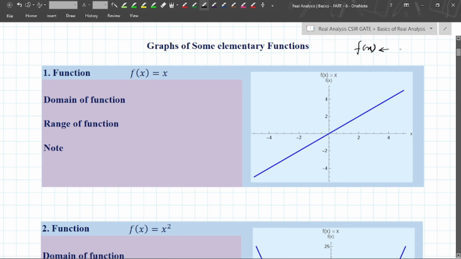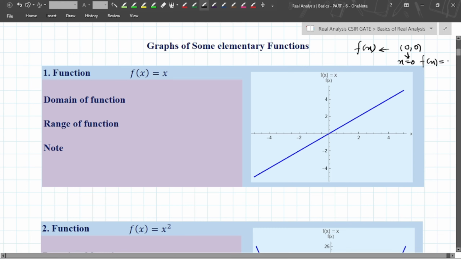It should satisfy (0, 0). It means at x equal to 0, the function value must be 0. Then we can say it is passing through the origin.